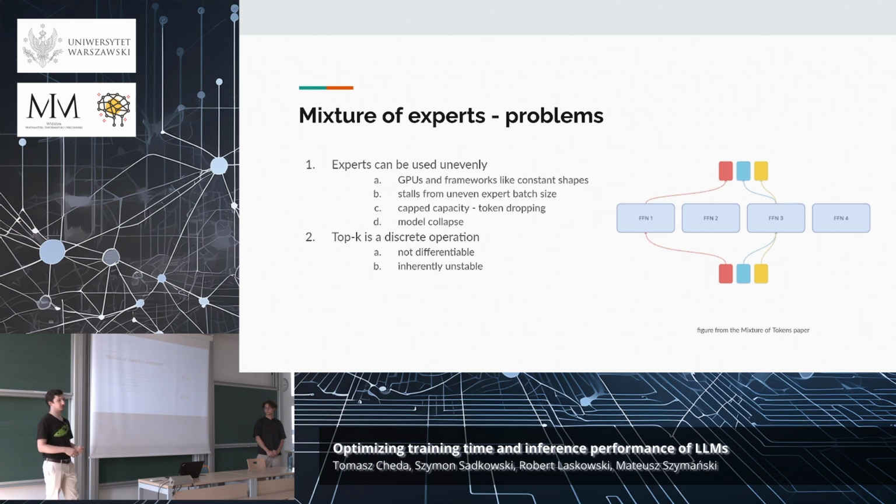That can cause the computation to stall if one of the experts has a bigger batch size. Because we want constant shapes, we have to cap the capacity of each expert so that it can only process a maximum of some tokens. If the capacity is exceeded, we need to drop those tokens.